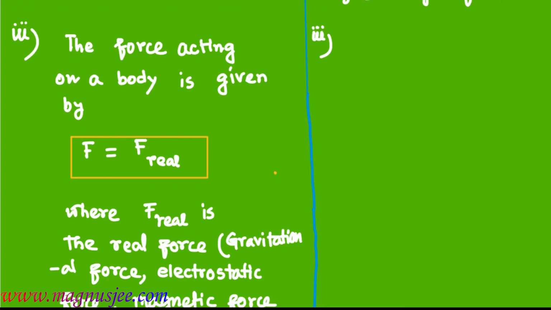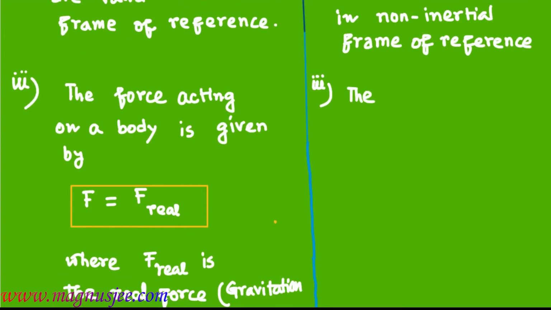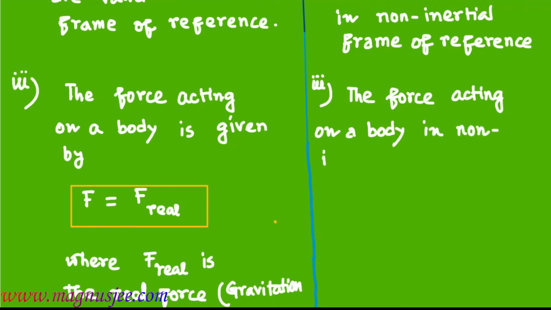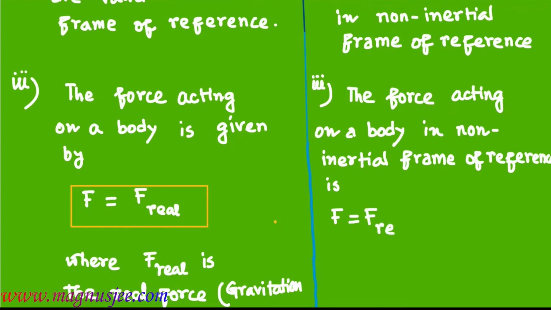On the right hand side, the force acting on a body in a non-inertial frame of reference is given by F equal F real minus F fictitious.